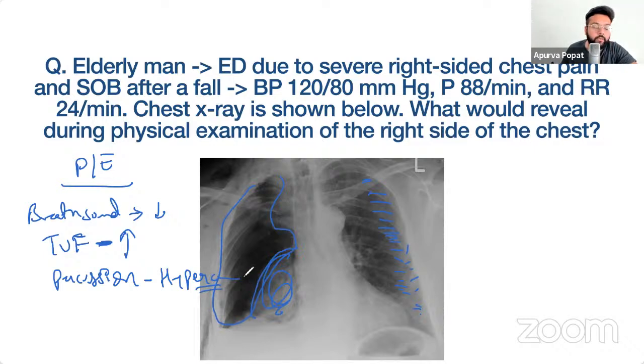Tactile vocal fremitus is decreased or dull in consolidation? Oh no, guys, where is tactile vocal fremitus increased? In consolidation. Tactile vocal fremitus means you are putting your hands on the chest, and you feel more vibrations. So sound travels better in which medium: solid, liquid, or gas?